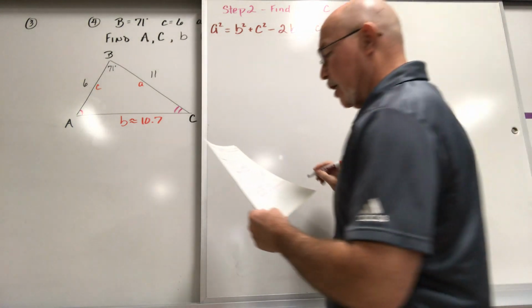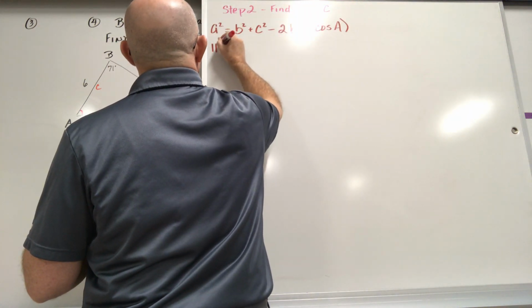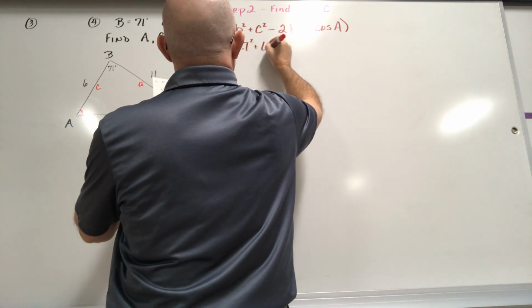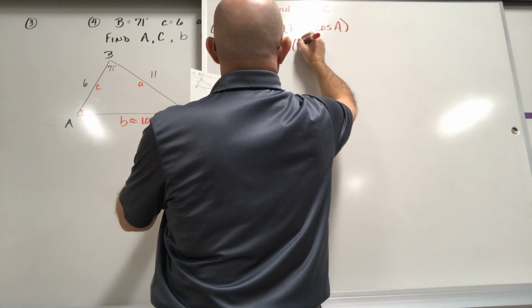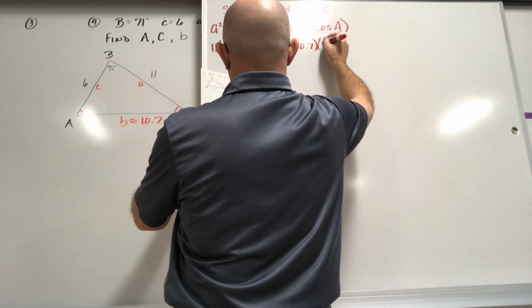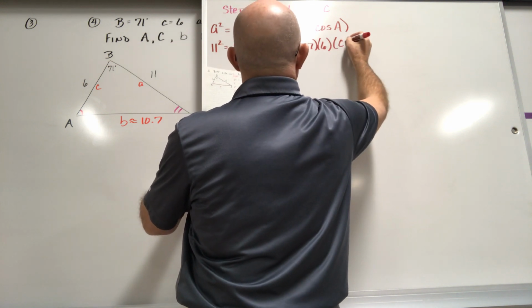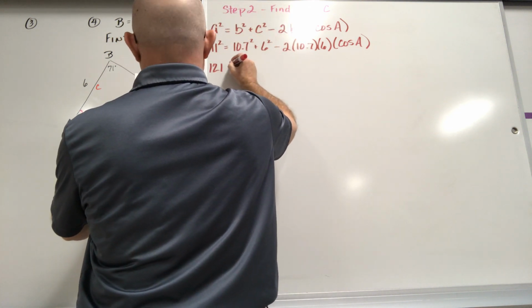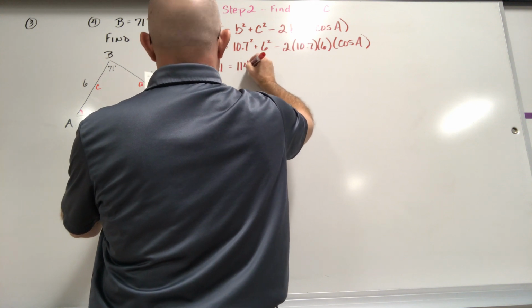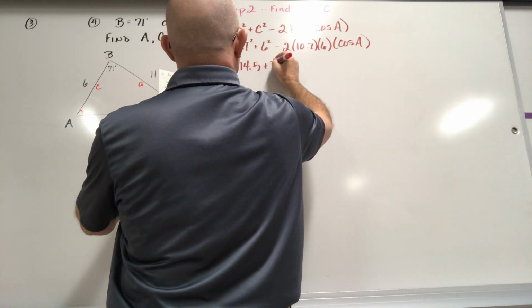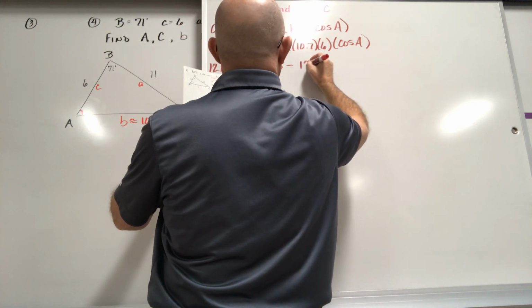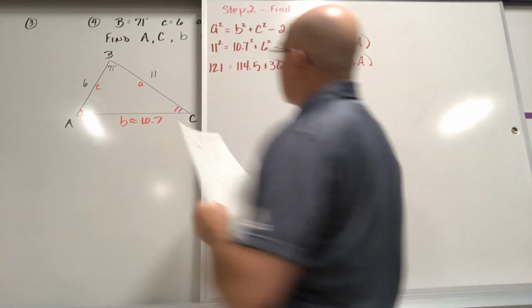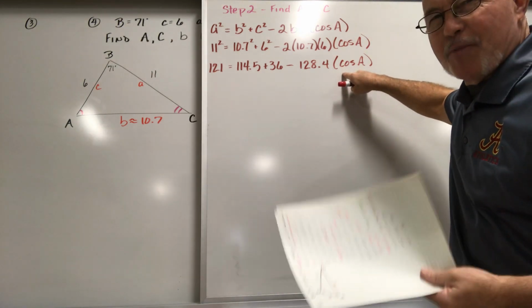Now in this one, once again, we need to find A. We've got all kinds of numbers. Think about this as a variable.